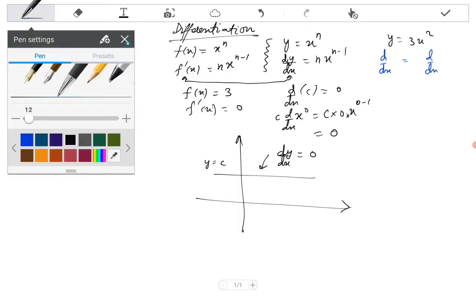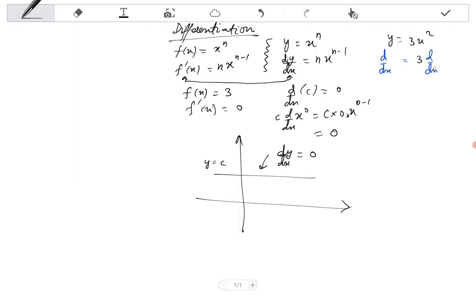The constant or coefficient goes outside the derivative. This is the difference. If there is only a single constant term, its derivative becomes 0. But if the constant comes along with the variable part, as a coefficient, it is left outside the derivative and the derivative is applied to the variable part only.